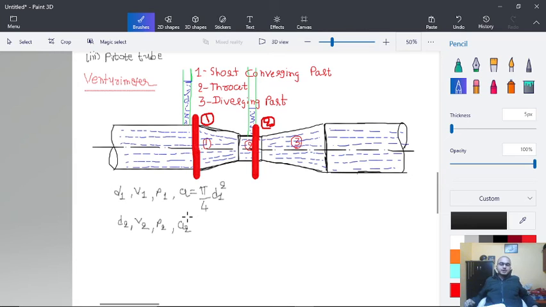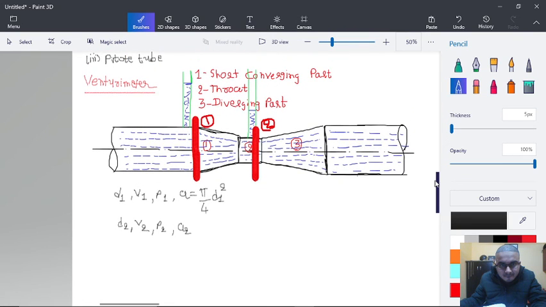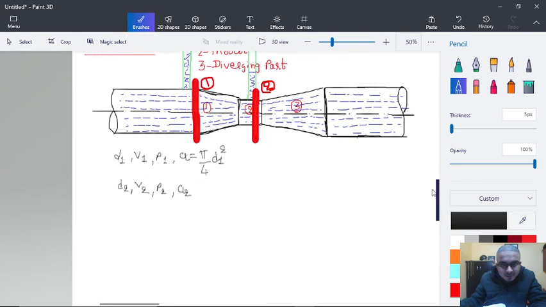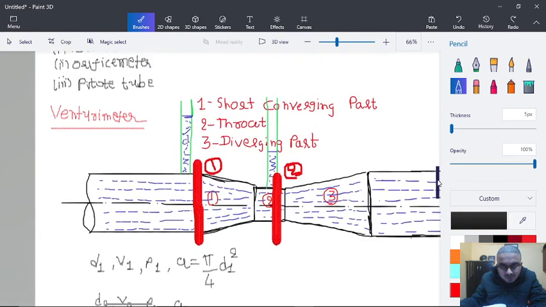And obviously as we are having this as an application of Bernoulli's theorem, we will be applying Bernoulli's equation between these two sections. So here P1, I think we can directly copy from our previous work.